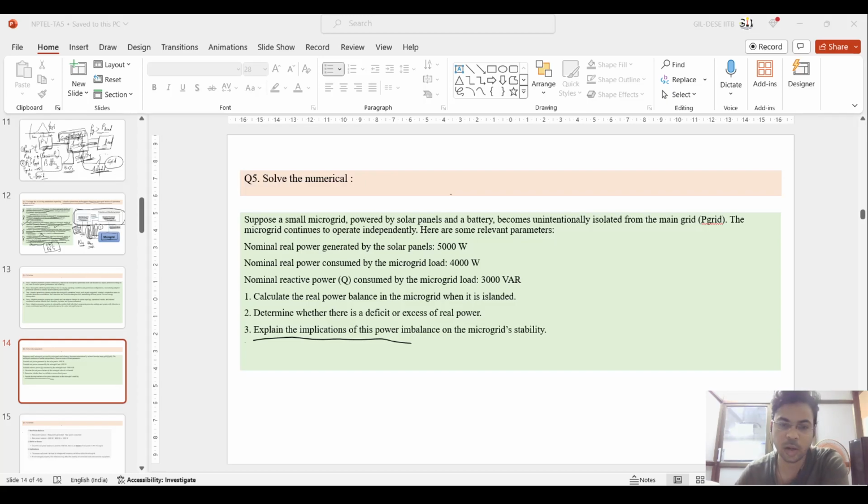Who got the answer? At least the first part. And if you have any doubt, you can ask me. Last 1 minute. If you can, write the first question's solution. Anybody? Just use the power balance.